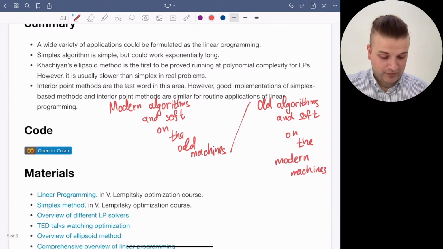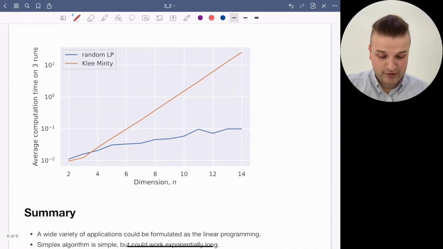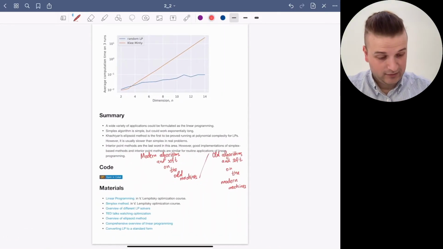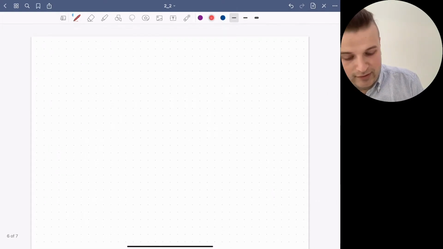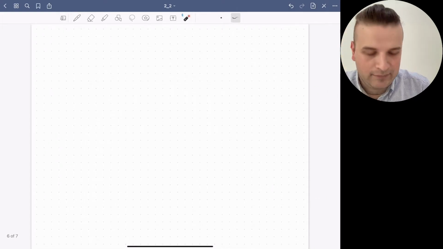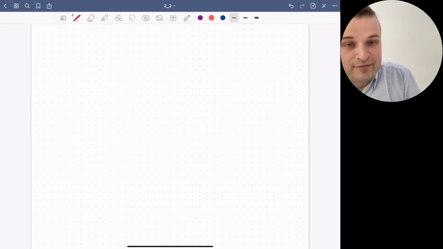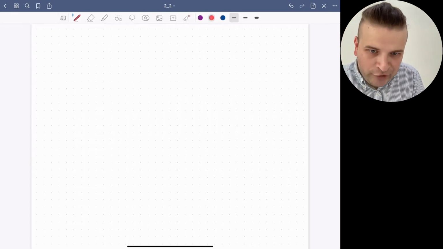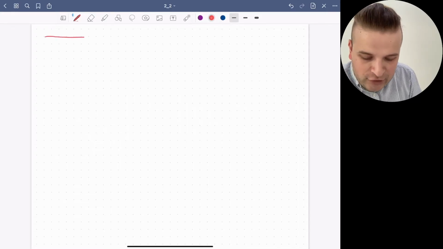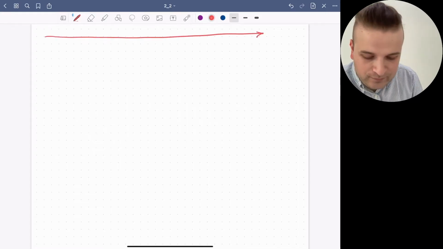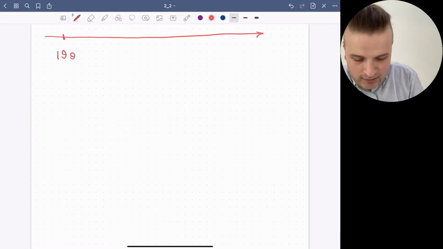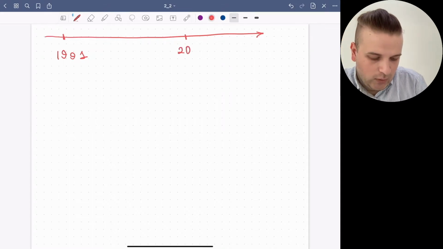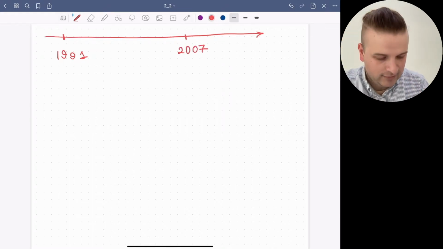Let's consider these digits. There was a study by Bixby, who studied the development of linear programming solution packages from 1991 to 2007.